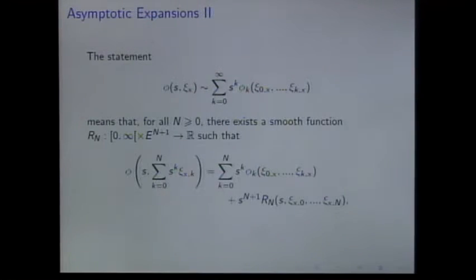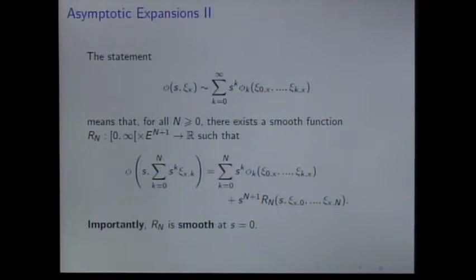This means that for all n, there is a smooth function R_n, which is simply a remainder term, such that this holds. So it looks very much like Taylor series, actually, but it's a little bit different. But in your head, imagine that this is Taylor series and that R_n is just a remainder term in the Taylor series. The really fundamental important point for us is that the remainder has to be smooth at s equal to 0.